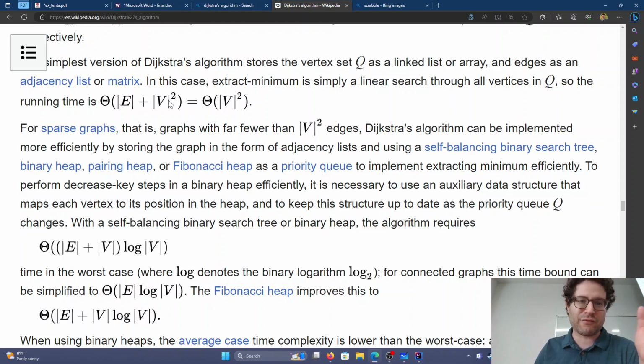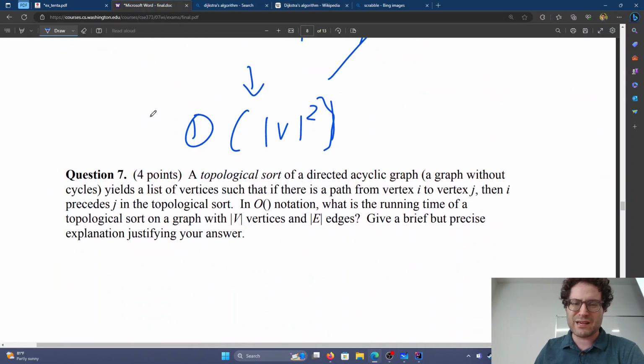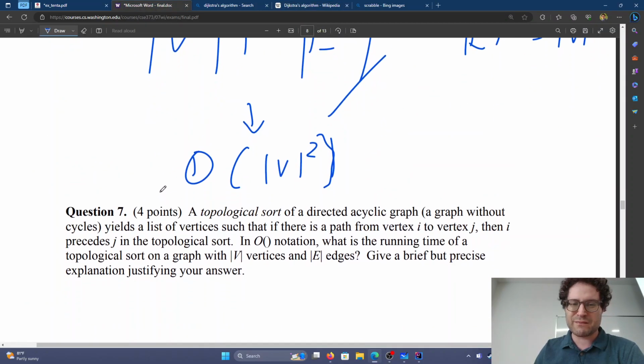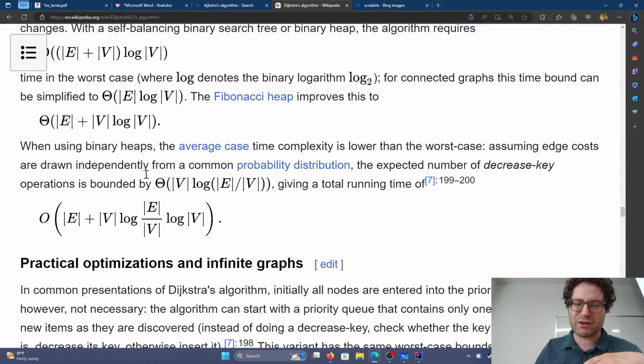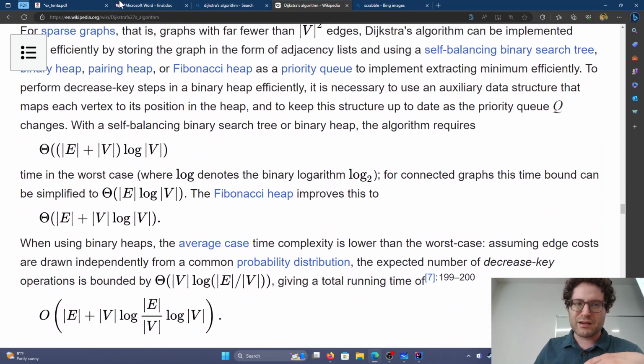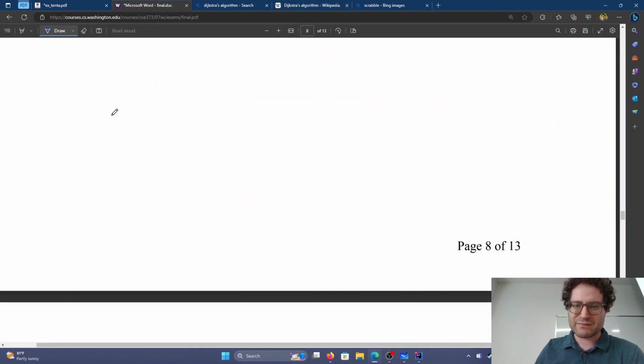That extra V you got over here becomes log V because of how often you're processing it. Also, it does cost to reshift everything in the array, in the heap, as you update it, but that's why the Fibonacci heap gets down to an awesome runtime. But regardless, the implementation matters here.